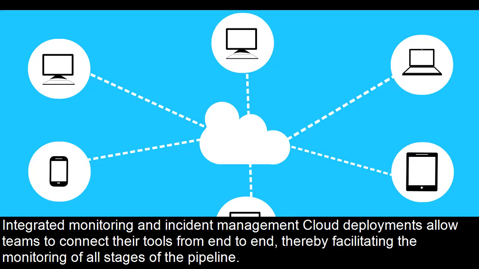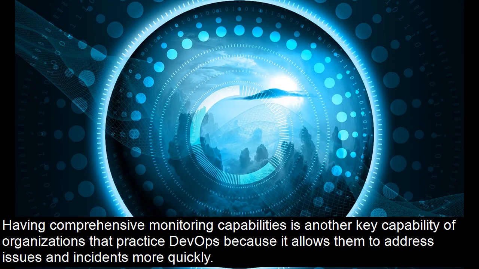Integrated monitoring and incident management cloud deployments allow teams to connect their tools from end to end, thereby facilitating the monitoring of all stages of the pipeline. Having comprehensive monitoring capabilities is another key capability of organizations that practice DevOps because it allows them to address issues and incidents more quickly.